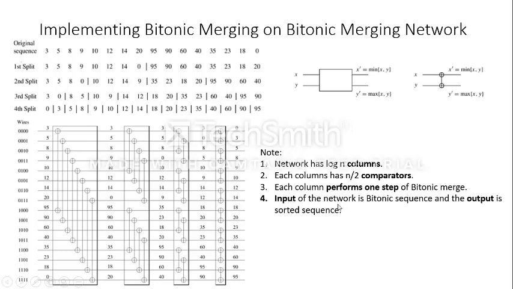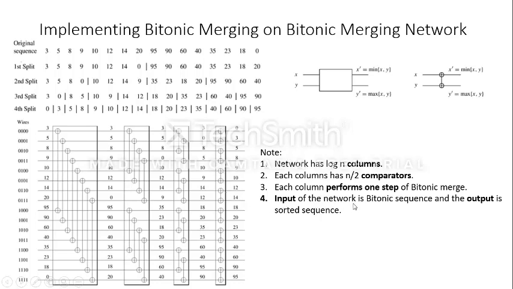So here, the input of the network. It should be noted that this sorting of the input cannot be performed with any arbitrary input. If the input is already a Bitonic sequence, then only can we generate the output in this form.